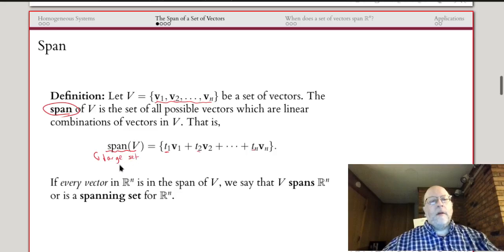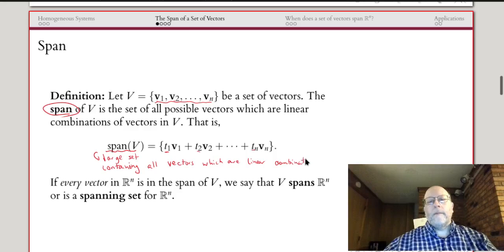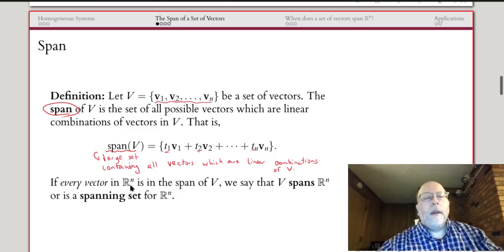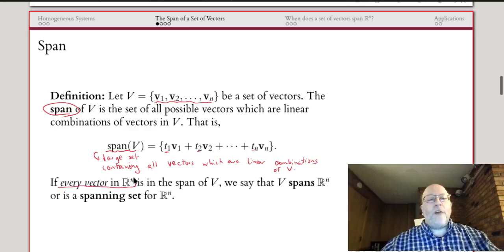A large set containing vectors which are linear combinations of V. If that set is so large that it contains every single vector in Rn, it might contain all the vectors.